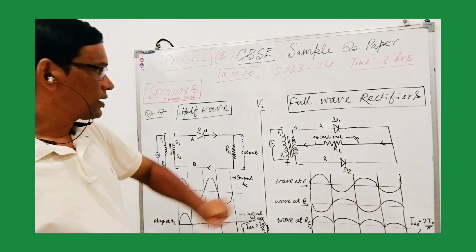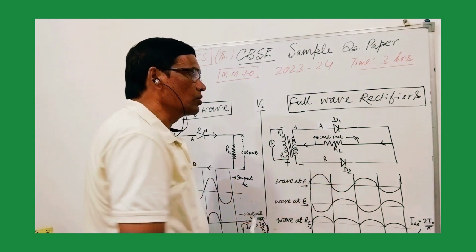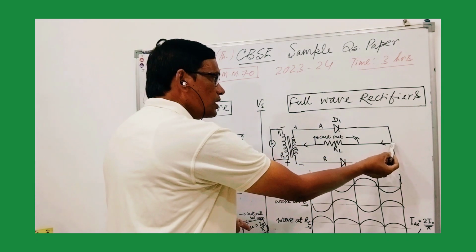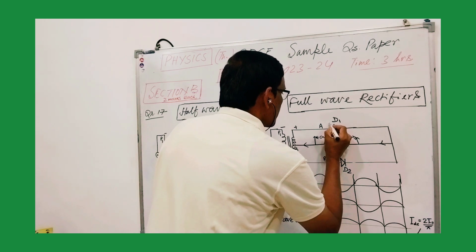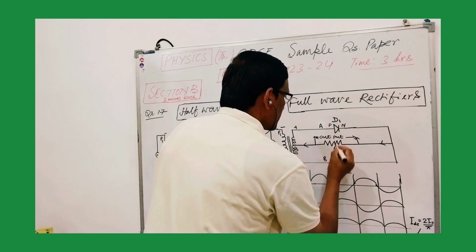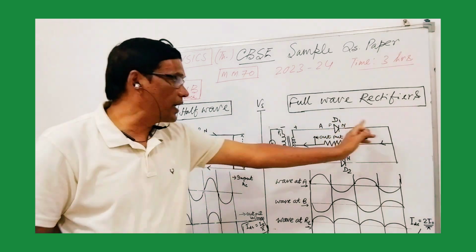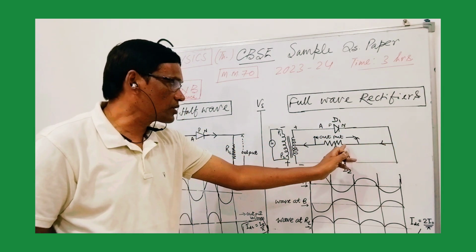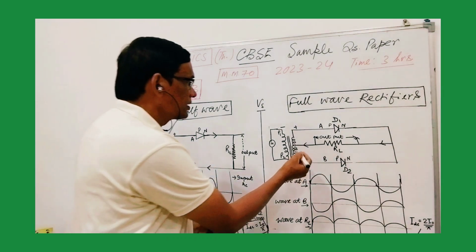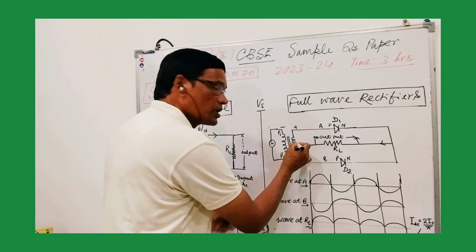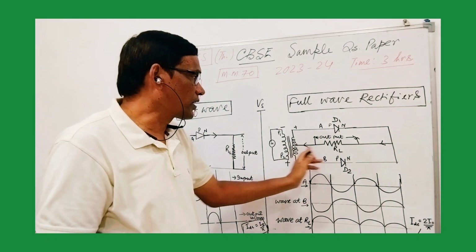The primary source is here, the secondaries will be getting across this, and diodes D1 and D2 are connected in such a way that from the common of the N ends, if this is your P and this is your N, this is your P and this is your N, you take one connection and connect it to the load resistor R. The secondary is center tapped here, and one terminal from the secondary center tap is connected across RL.